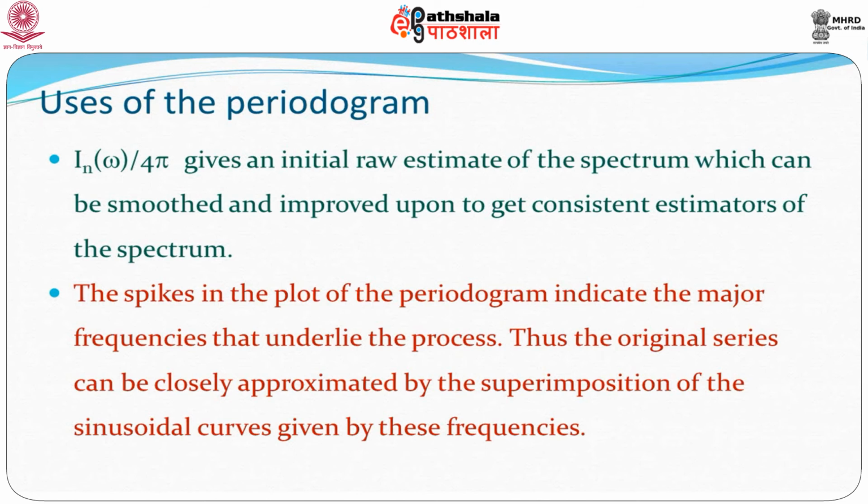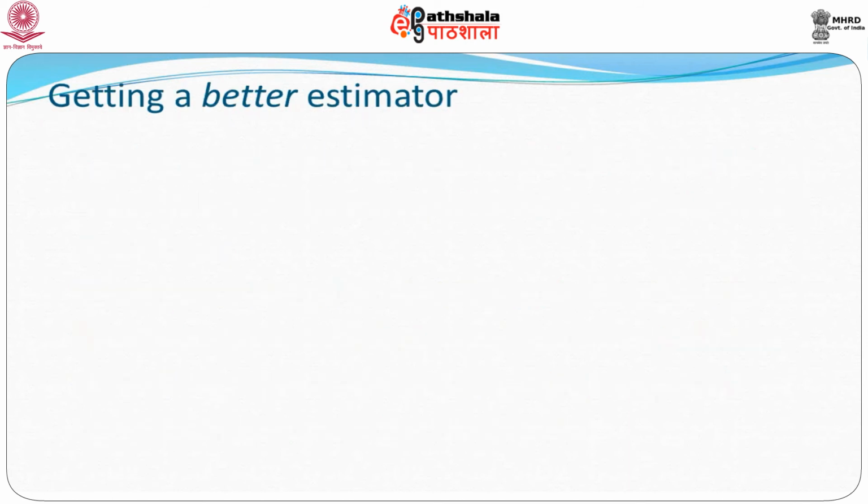That means, you pick up the major frequencies, the frequencies that contribute the most to the variability, that is wherever you have a large ordinate, and then you build up very smooth curves corresponding to these frequencies. And if you superimpose these curves using the Fourier coefficients, then you are going to come up very close to the original underlying process. Okay. So, that is how you can rebuild xt given the periodogram.